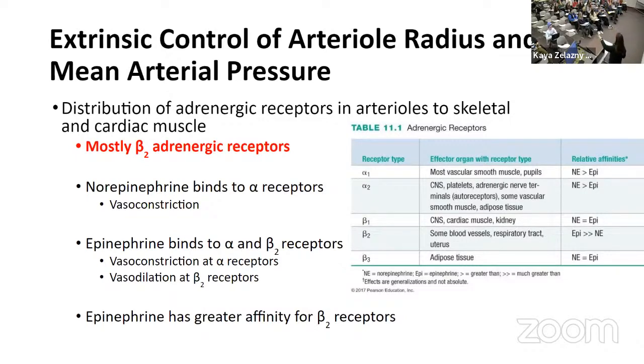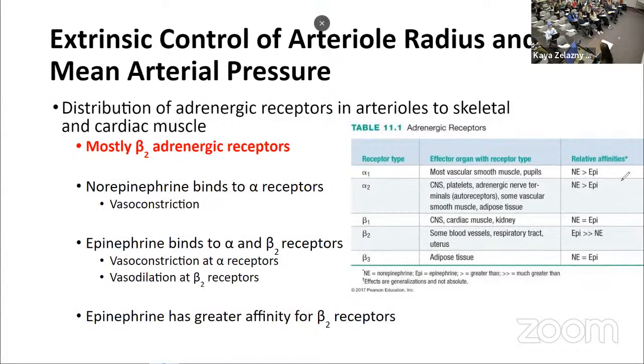So most of our pathways for our sympathetic nervous system were giving us norepinephrine at the end, but that middle pathway where we go to the adrenal gland gives us a bunch of epinephrine produced by the adrenal gland. So that's also known as adrenaline, okay? Now, that epinephrine binds to both of our receptor types, right? So we can see epinephrine will bind to an alpha receptor, right?